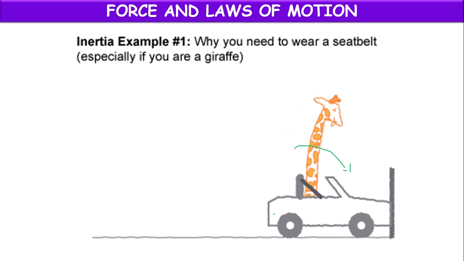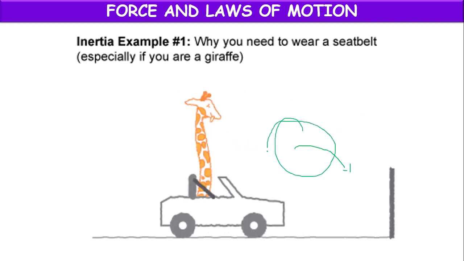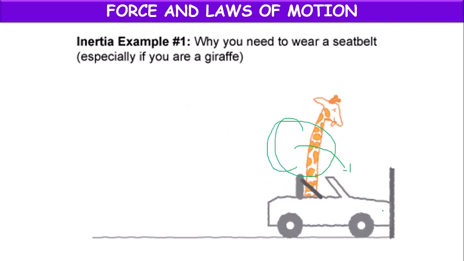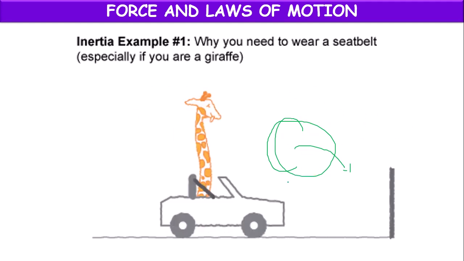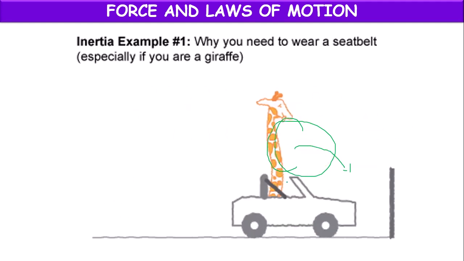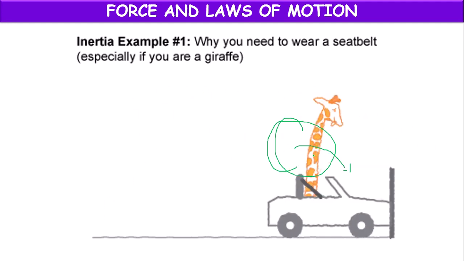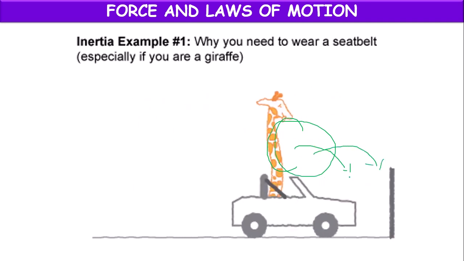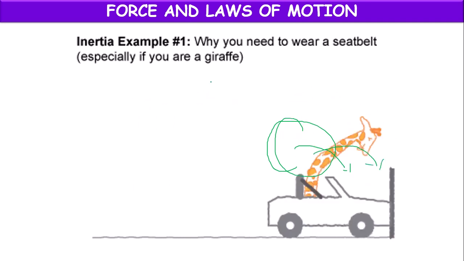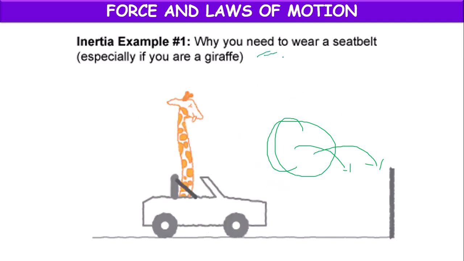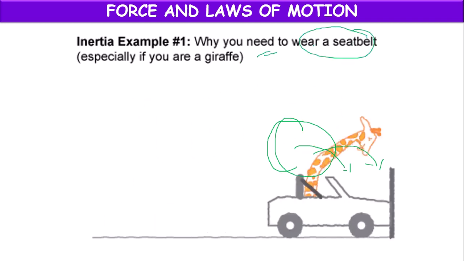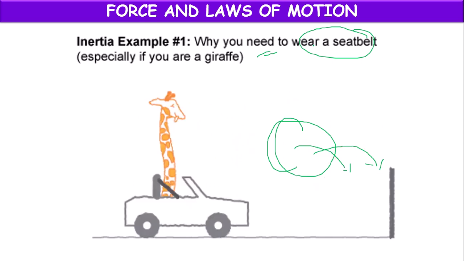But as the giraffe was in motion, even after touching the obstacle it tries to continue its state of motion. So it will bend forward, and it may get hurt. That's why persons traveling in a car are asked to wear a seat belt as a precautionary measure.